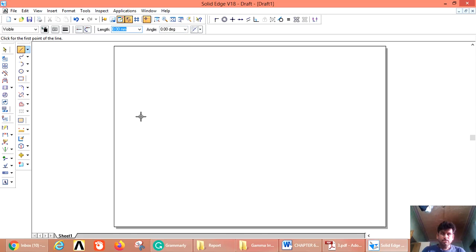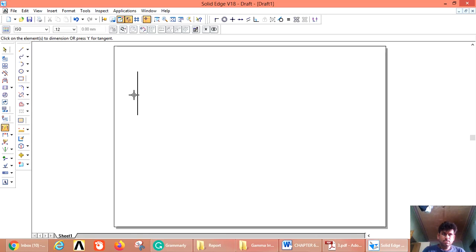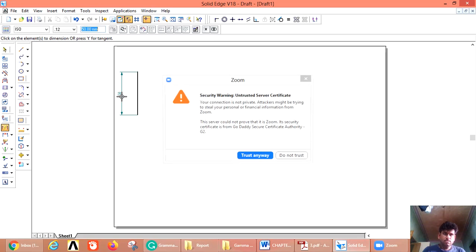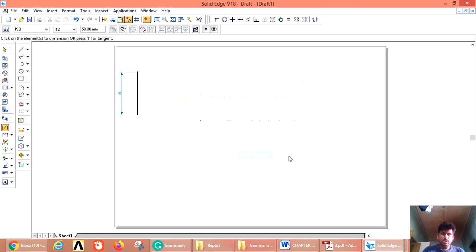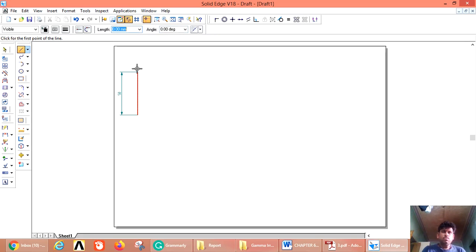First, I should take a length of 50 mm, that is S. The y-axis represents the displacement and the x-axis represents theta.